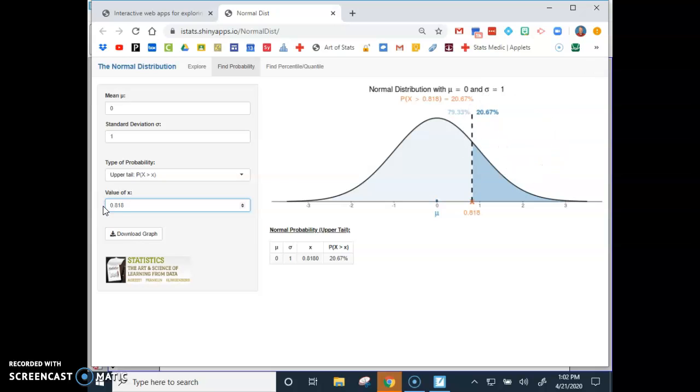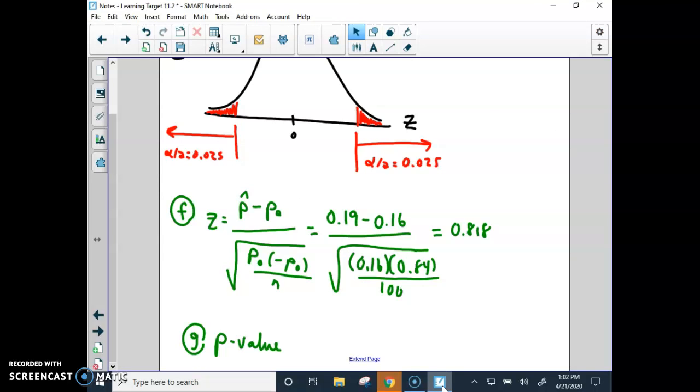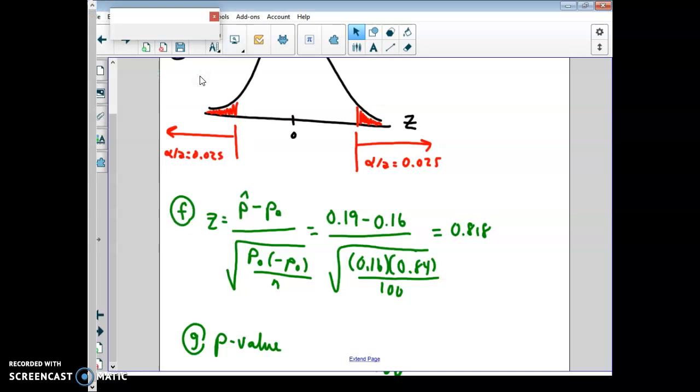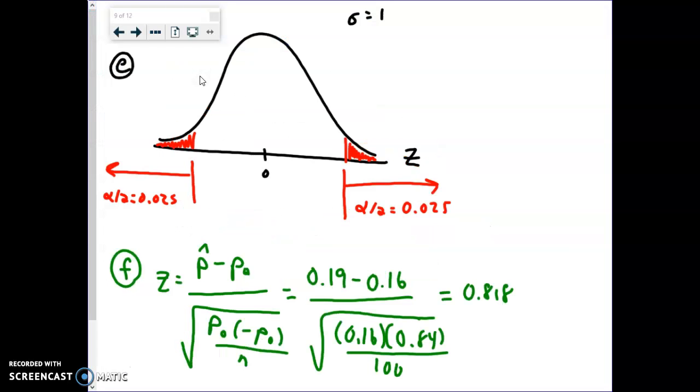Okay? So, I'm going to go back to our menu here, or our diagram. This is why the diagram is helpful, because here's what we calculated right here. Our p-value was larger than 0.025, so it's somewhere up here on the right side. Our p-value on this side was 0.2067, but that's only if it's more extreme on the right.